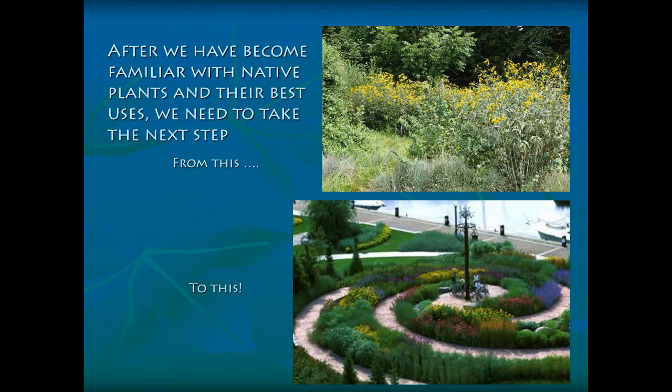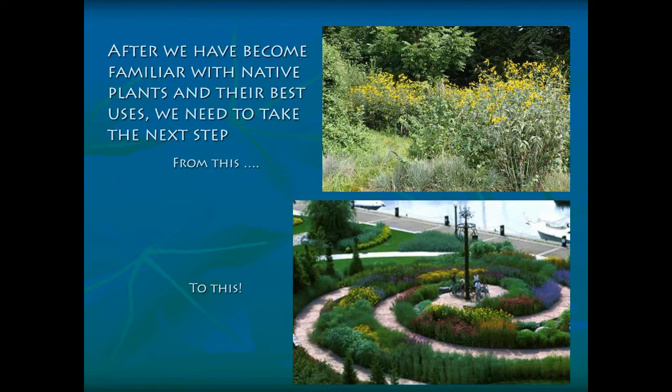So after we've become familiar with the plants, and this is what this talk today is really about, we want to take our gardens from the one at the top, which is a wonderful pollinator habitat, but it's messy looking, to a really beautifully designed garden. And that image at the bottom is part of the Toronto Music Garden done by Julie Meservey.